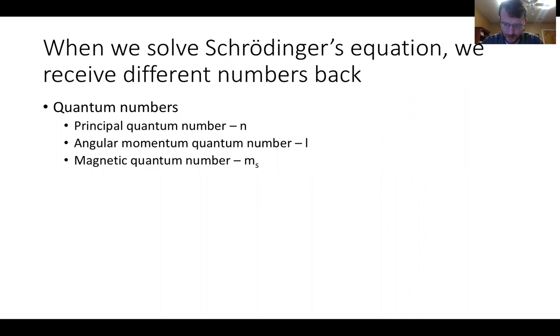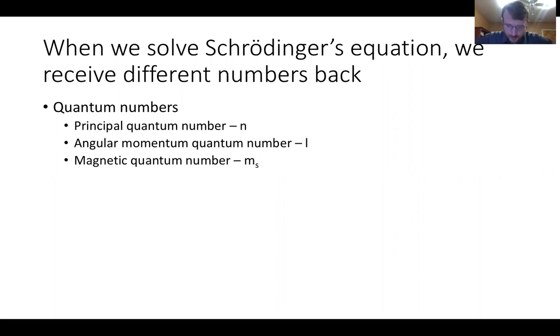Angular momentum quantum number, which is l, this determines the shape of the orbital. So the n just determines the size and the energy. l determines the shape. We'll talk about the different shapes with regards to l in part number 3.